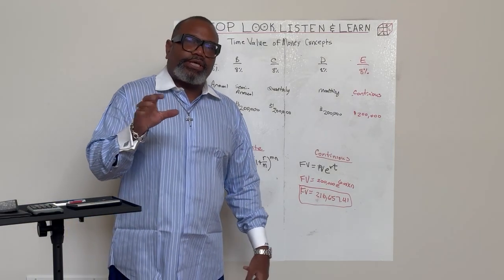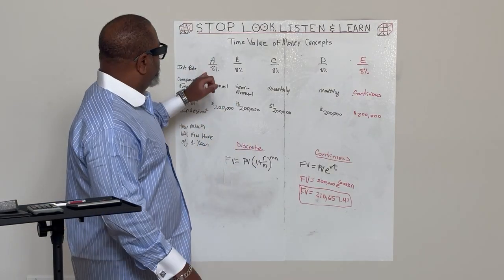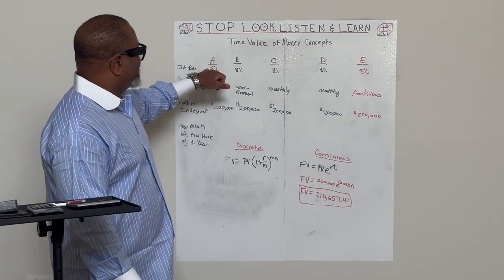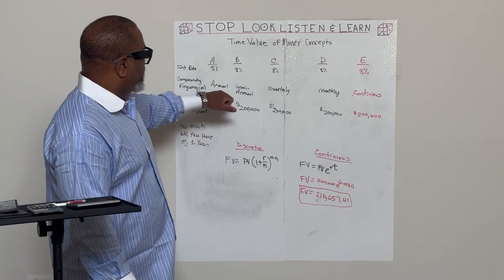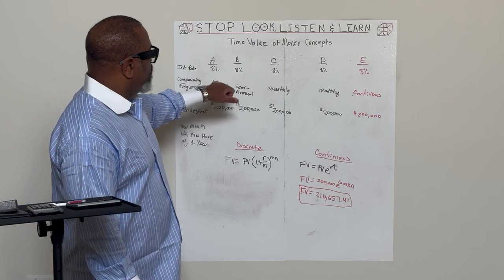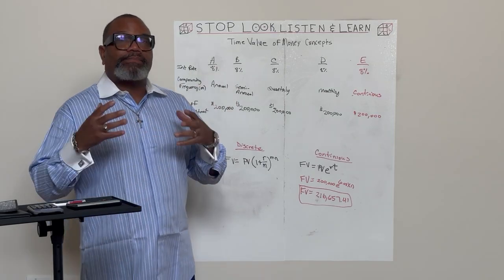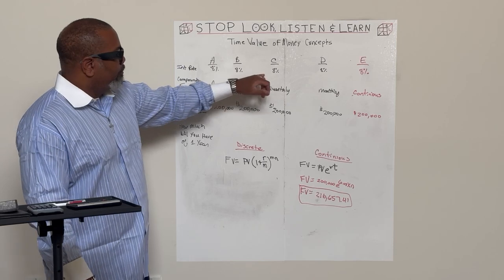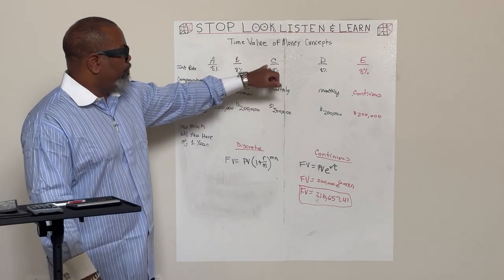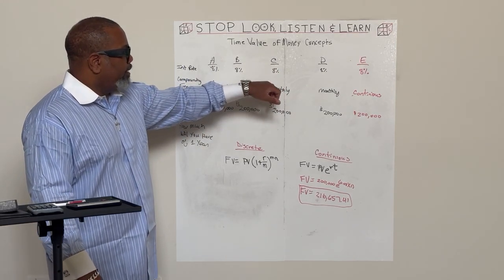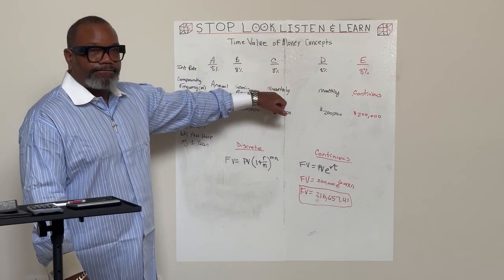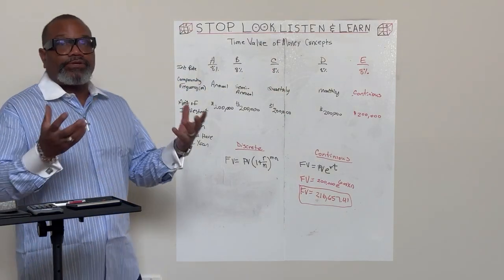So the question is, if she or he is able to increase the stated rate while keeping the annual compounding the same, what stated rate must bank A offer to you so that you will be in the same position that you would have been in had you invested at bank C and got an 8% stated rate with quarterly compounding? So that's something you've got to be able to do.